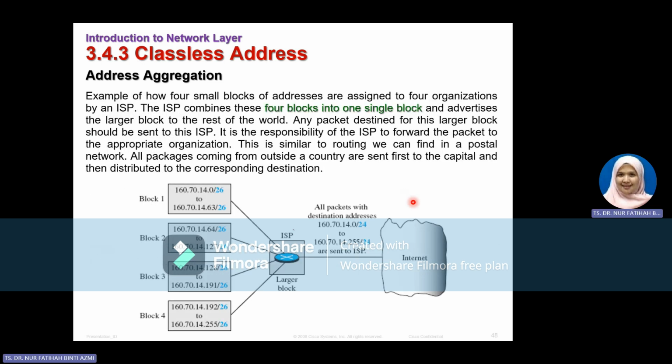Okay, so this is an example of how address aggregation works. Imagine that we have an ISP given a large block of addresses. For example, block 1 is 160.70.14.0/26, up to 160.70.14.63/26.